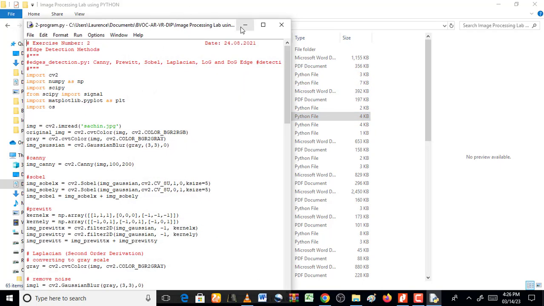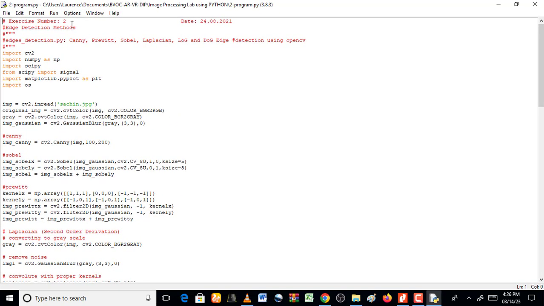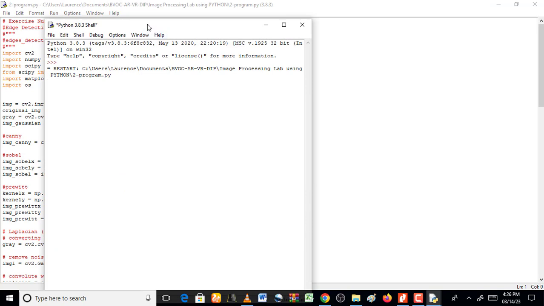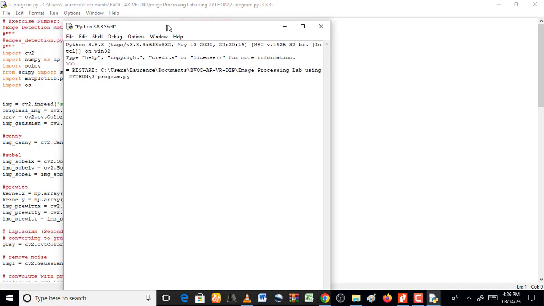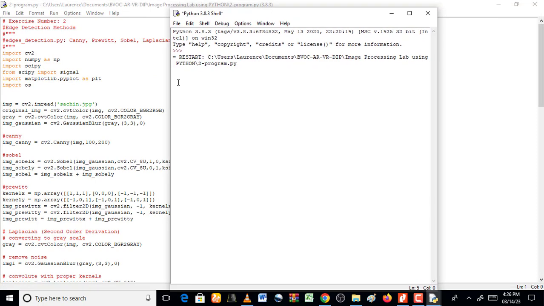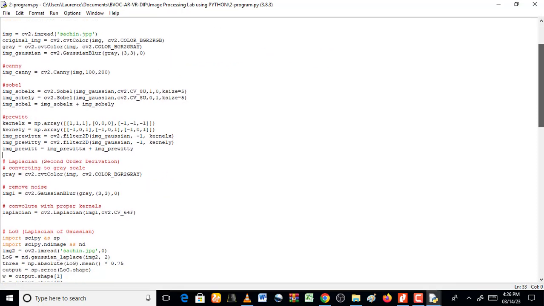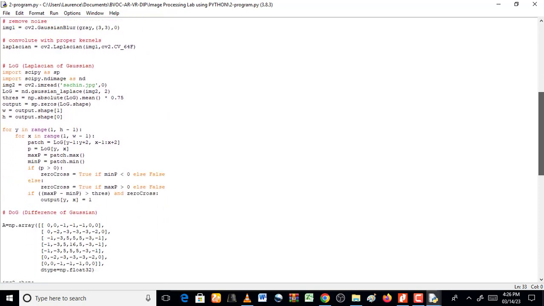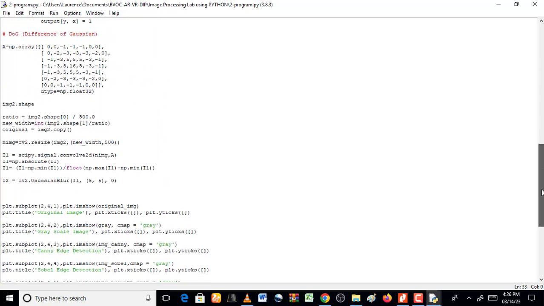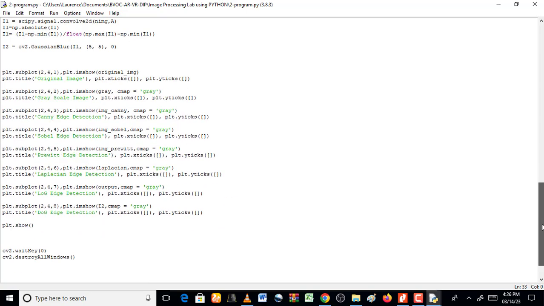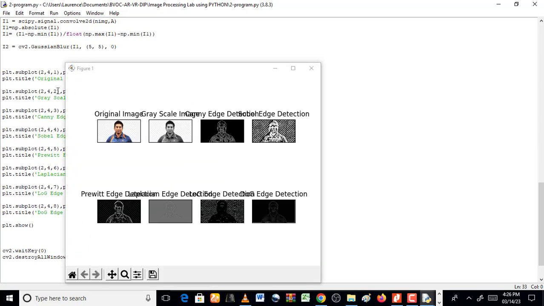See the edge detection method. To compile under this running example, all the types of edge detection are based on Canny, Sobel, Prewitt, Laplacian, and Gaussian, second order, first order derivative, and then what is the type of DoG, Laplacian of Gaussian, difference of Gaussian, and all the types of information.